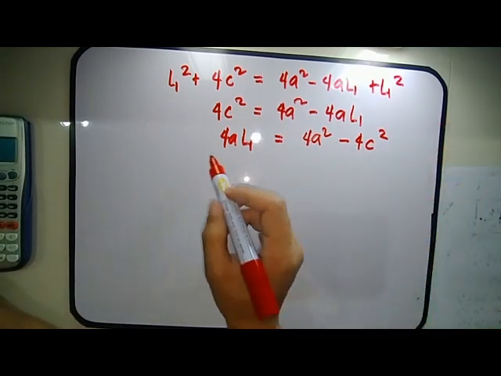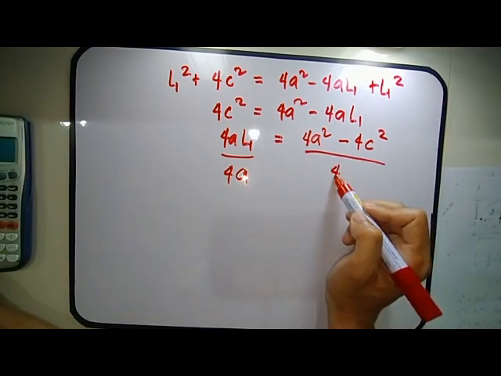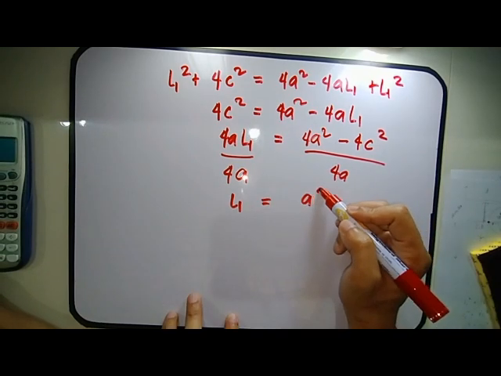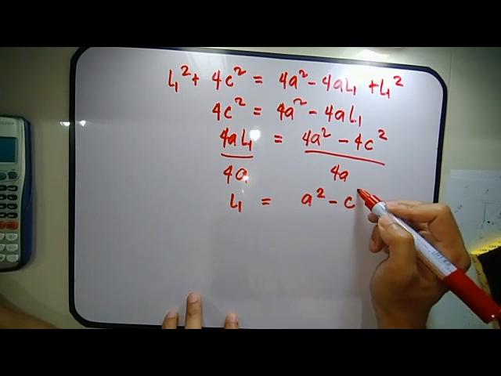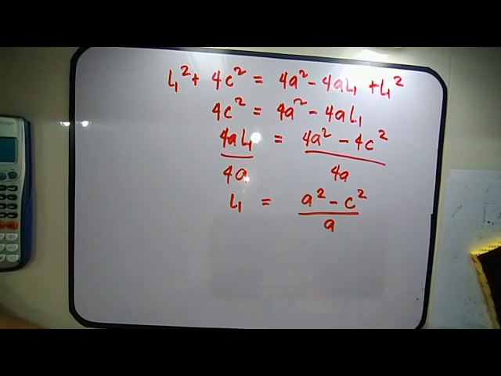So, i-divide both sides natin by 4A. So, meaning L1 equals, so you have A squared minus C squared all over A. Now, so let's recall, from the right triangle na na-form natin using our semi-minor axis and semi-major axis and the length from the focus to the center of the ellipse, we have this relationship.